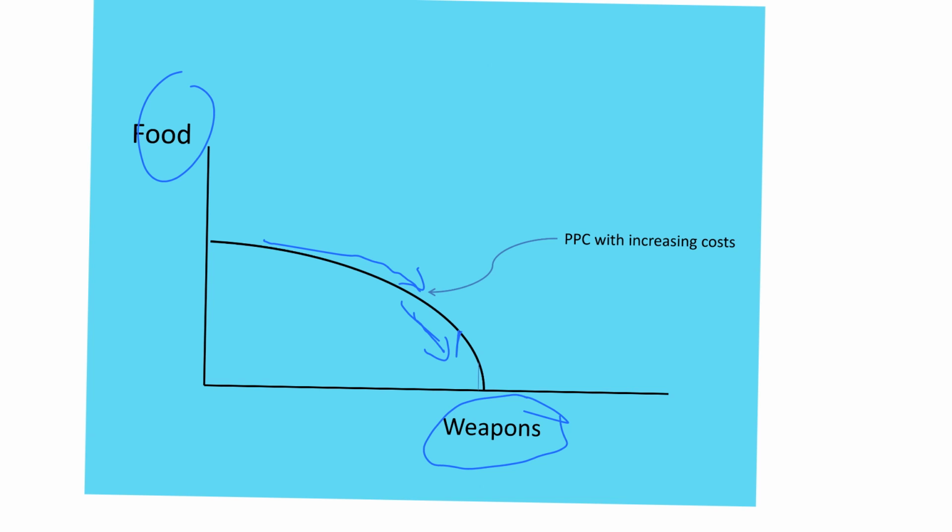So the opportunity cost gets much greater to produce weapons as you move down in this direction toward the southeast. And that's the main difference between the straight line constant opportunity cost PPC and the bowed out line there, which is an increasing cost PPC.